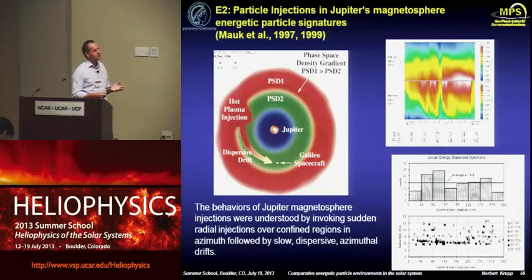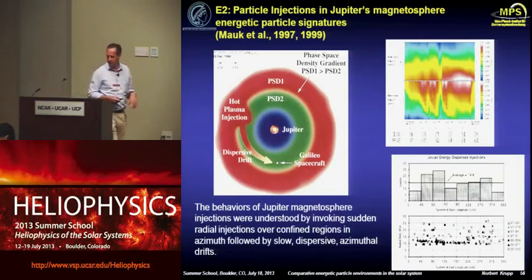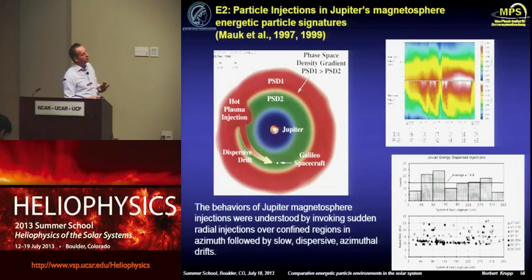So if you do this and make a histogram of where they have been injected into the magnetosphere, you find that they are distributed all over the place in a rotating system, which is called System 3 in terms of Jupiter and Saturn. But there is some slight indication that there are a few more bigger events located at an east longitude on average.